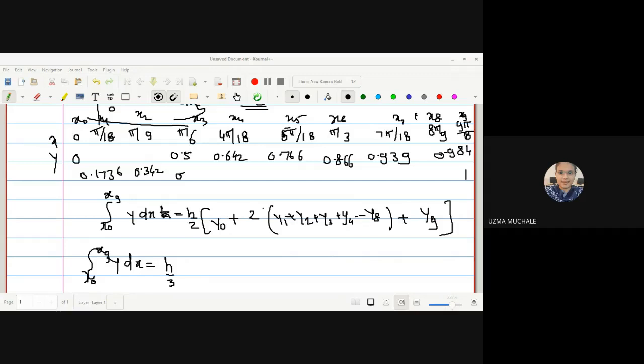What will you take as the common width h? Pi by 18, correct. Pi by 18 is the value of h. Then we can put pi as 3.142 and get the value of h. No, in this case, if you are doing the calculations with pi, you have to convert your calculator to radian mode.